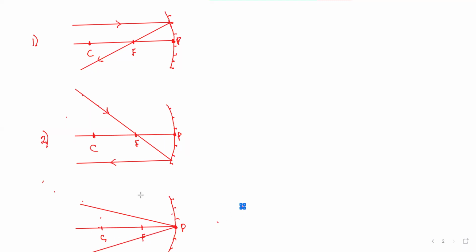It must also reflect at that same symmetry. What do we mean by the same symmetry? Look at this angle. There's the incident, there's the reflected. This angle between the principal axis and the incident ray must be the same as the angle between the principal axis and the reflected.